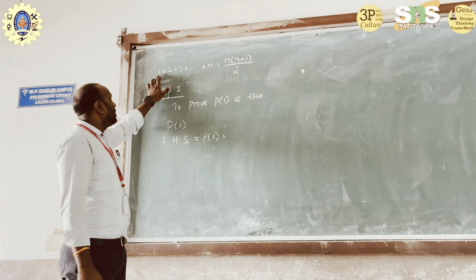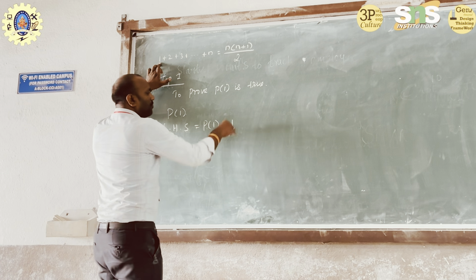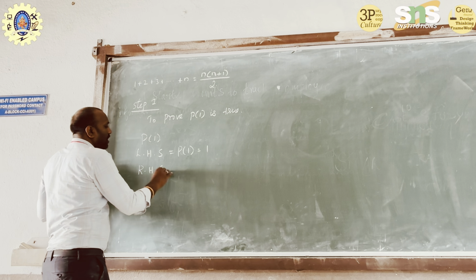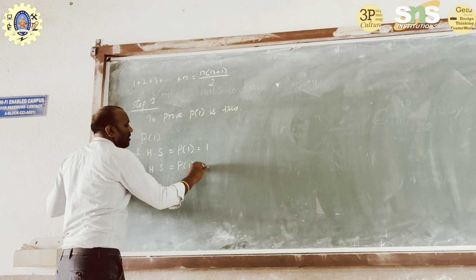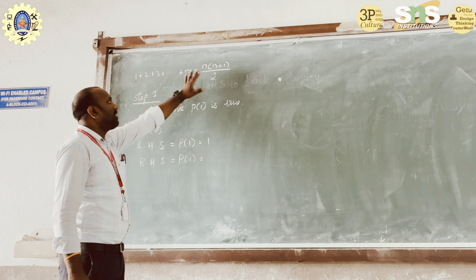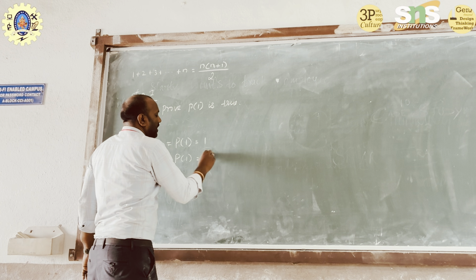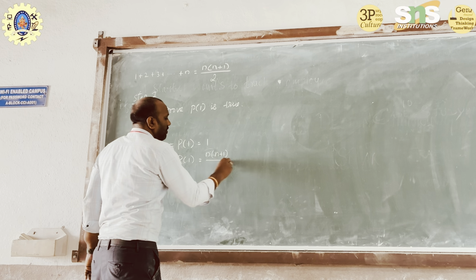So the first term of the left hand side is 1. Then RHS, we have to prove that P of 1. The formula is n into n plus 1 divided by 2.